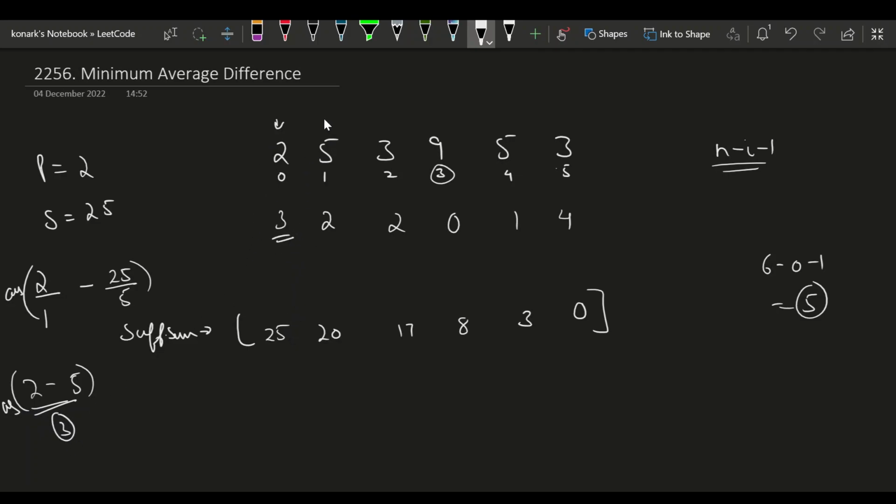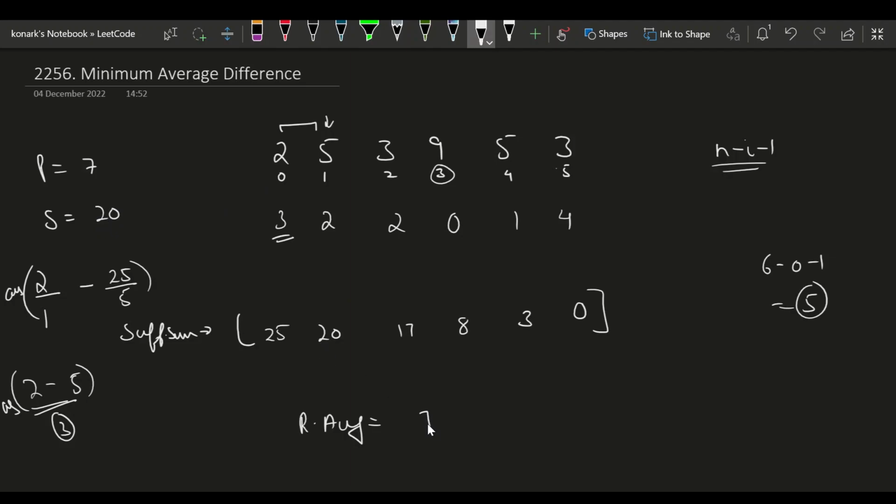And same for this, that is now the first index. The right average will be equal to 2 plus 5, because initially we had 2, and now the prefix sum 5 will be added to 2, so it will be 7. The suffix sum for this case is 20.